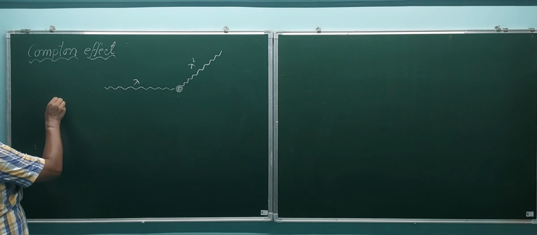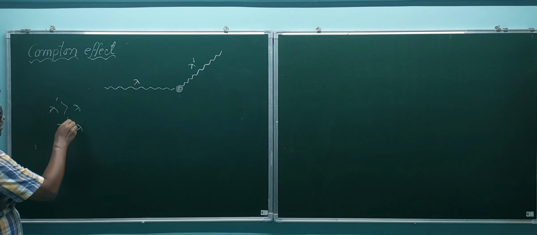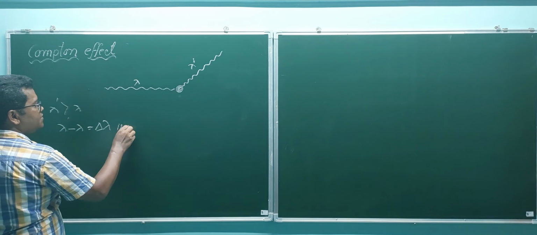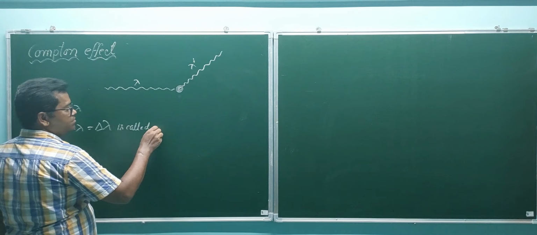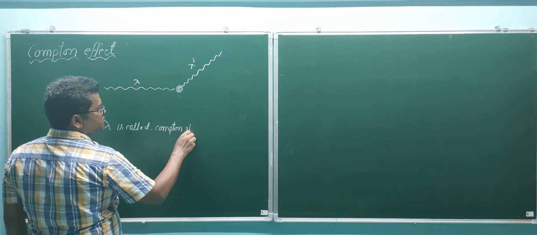Therefore lambda dash minus lambda equal to del lambda is called Compton shift.